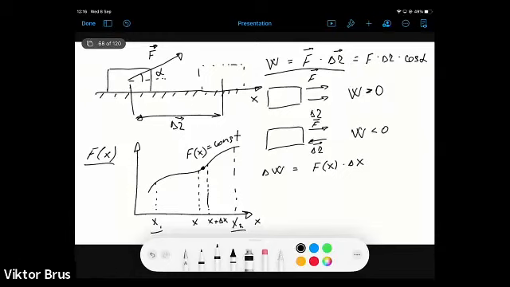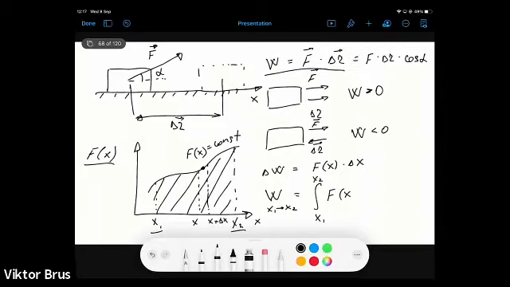So technically we need to integrate this, find the area under this curve, meaning integrate the function F from x1 to x2. So the total work from going from x1 to x2 will be equal to the integral from x1 to x2 of F as a function of x, dx.